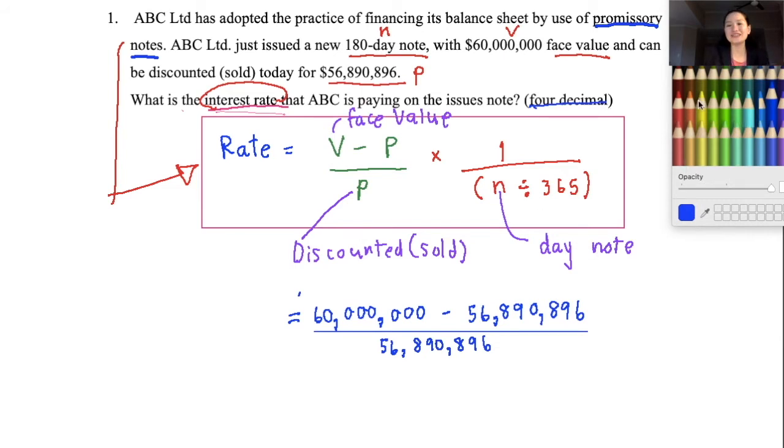Then you multiply by 1 over n. N is 180, divided by 365. I use this divided symbol because I know you're going to pass here. And that's it. You could do two methods.